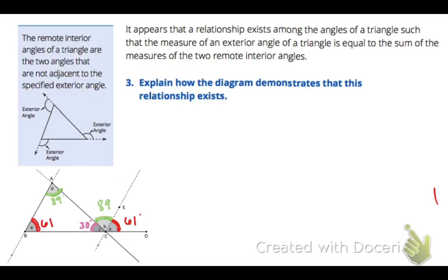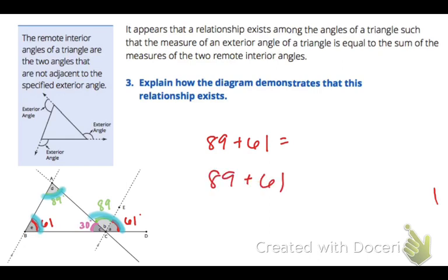So now for this one, what they're trying to prove to us is that your exterior angle is going to equal the sum of your remote interior angles. And if I add 89 plus 61, we're going to end up with the same thing.